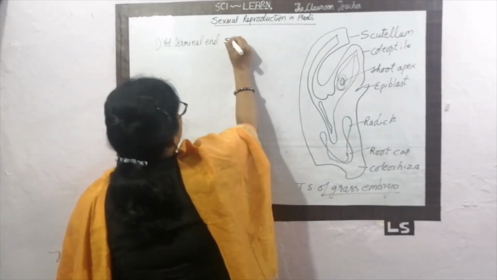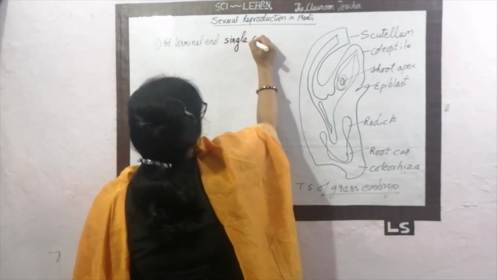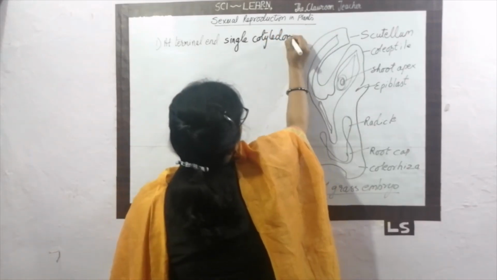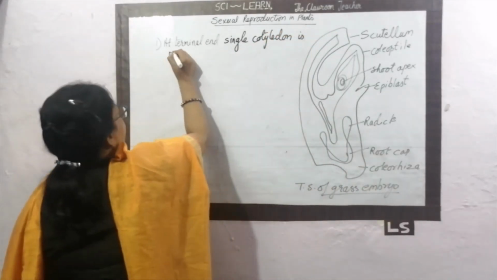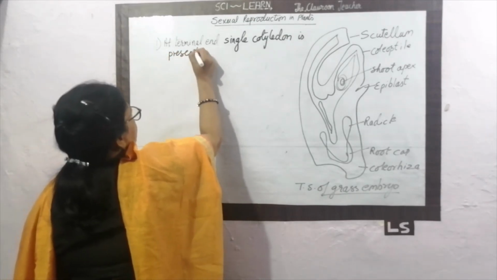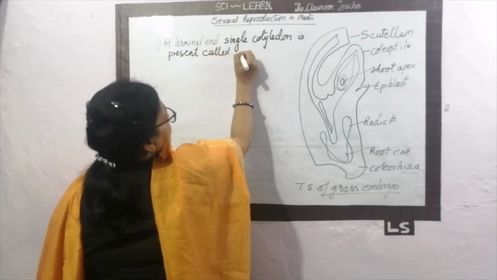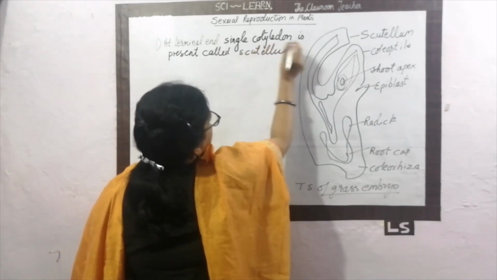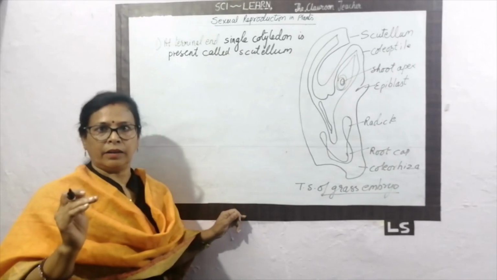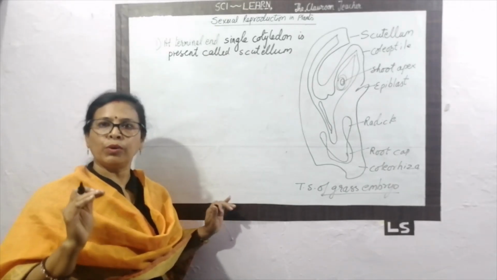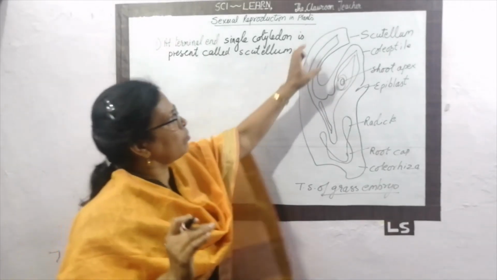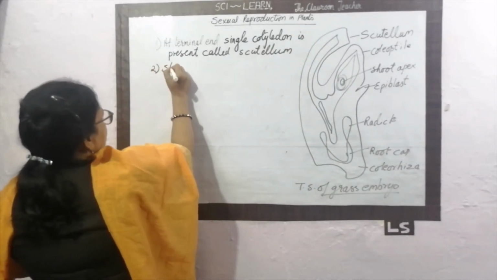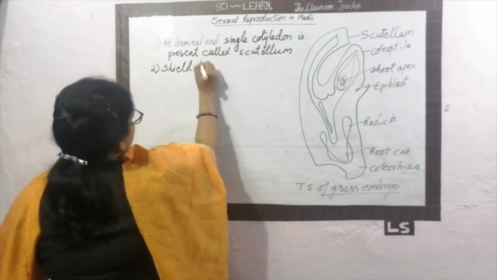At the lateral position, the plumule is present. This is somehow shield in shape. The shape of the scutellum is shield shaped.